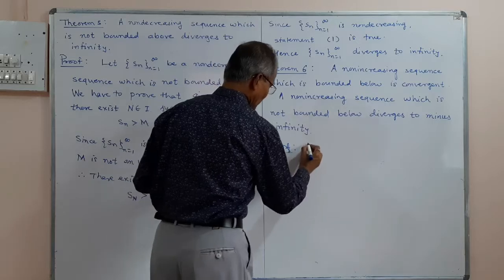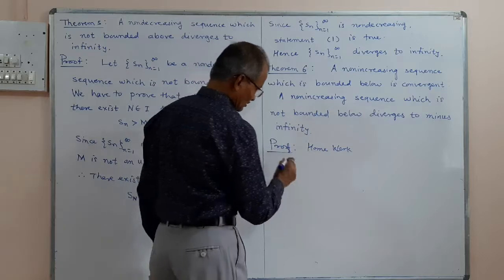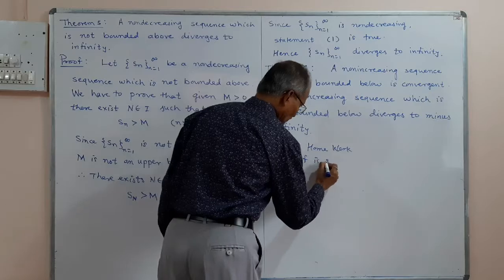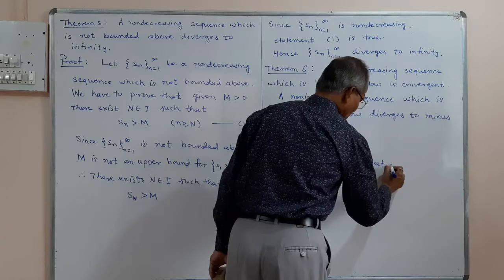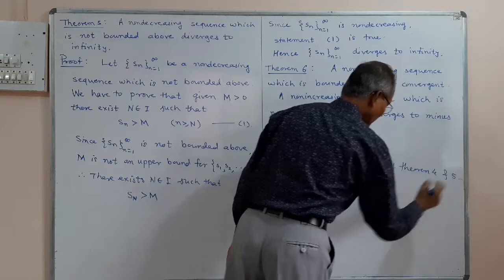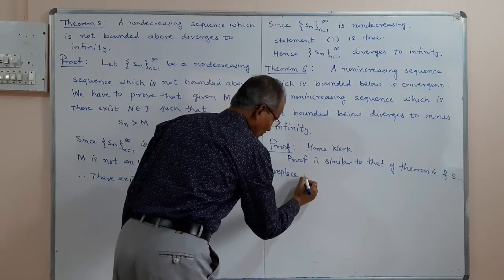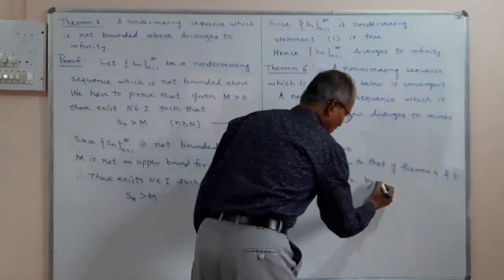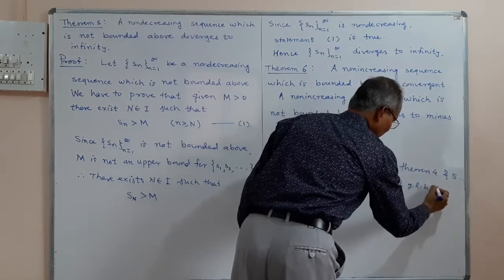The proof is similar, not the same but similar to that of theorems 4 and 5. You replace upper bound and LUB, least upper bound, by lower bound and greatest lower bound respectively.